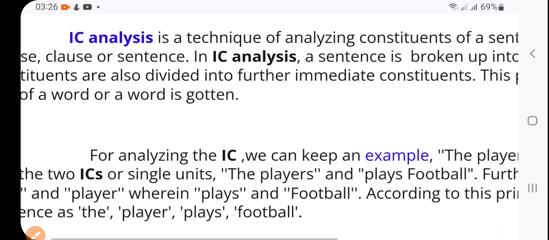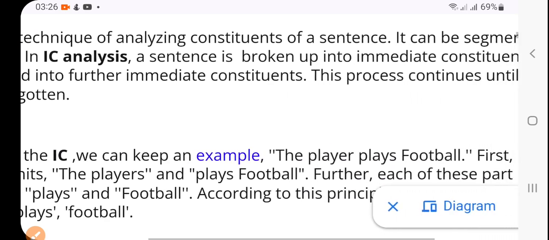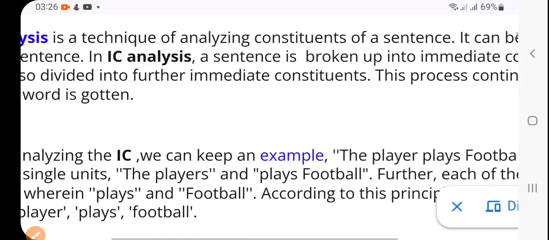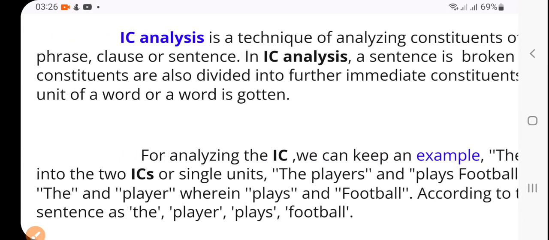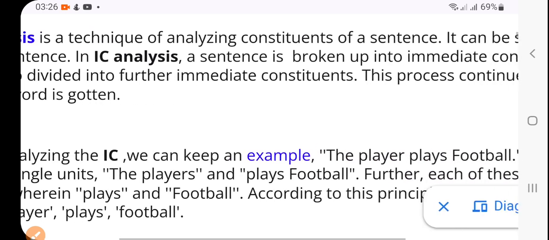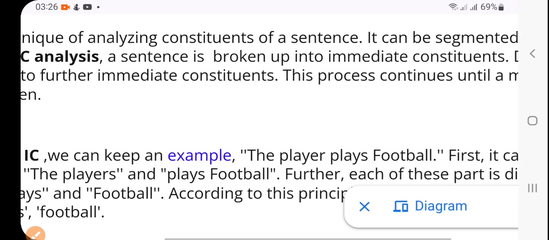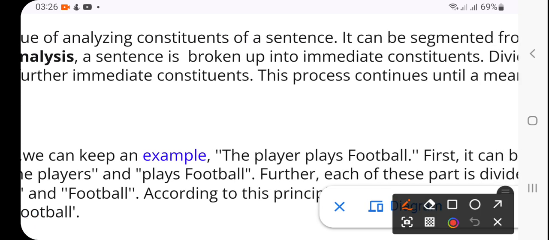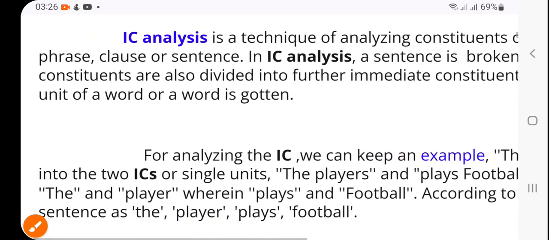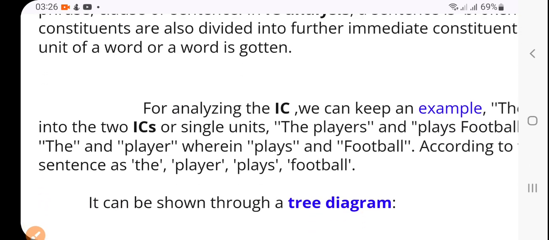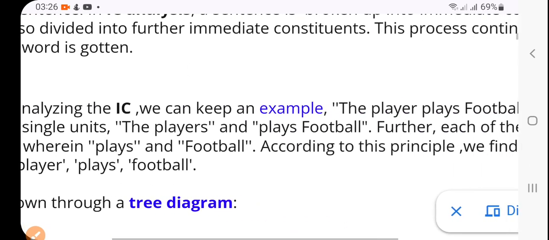In IC analysis, a sentence is broken up into immediate constituents. That's a process. Now, divided constituents are also divided into further immediate constituents.